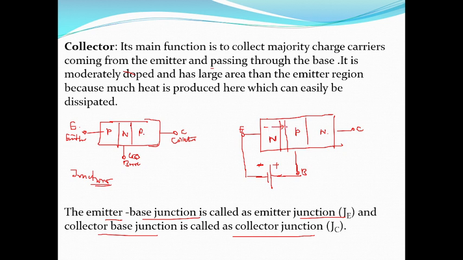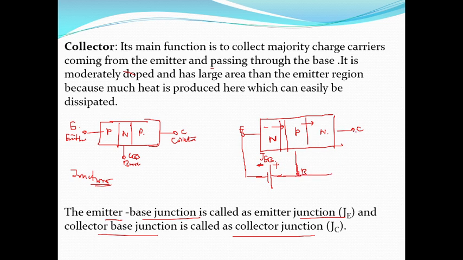So it should be forward biased. Next, the base should be very thin so that it takes these charge carriers and sends them to the collector. So this emitter base junction, also called the emitter junction, should always be forward biased.